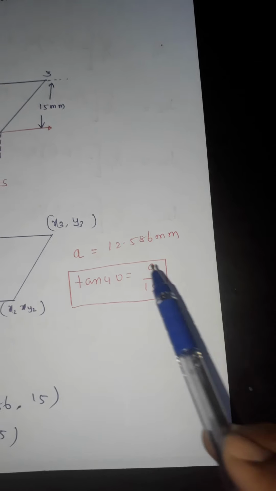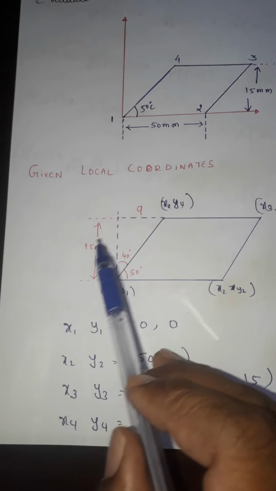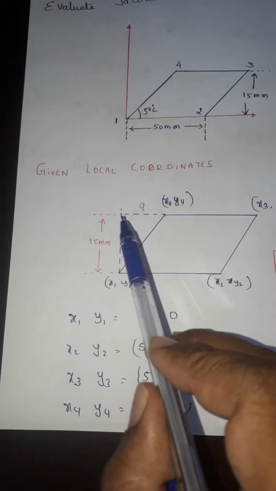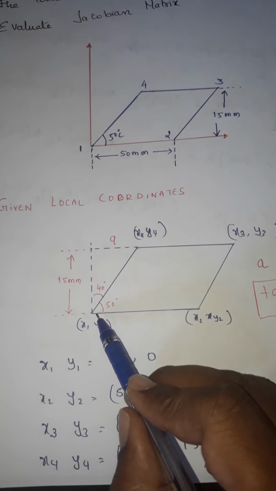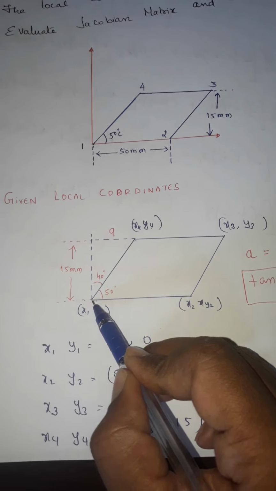That is what I have written. So I got 12.586 mm from this y-axis to this point. Now we can easily find out the coordinates. If I take this as the origin, it is (0, 0).